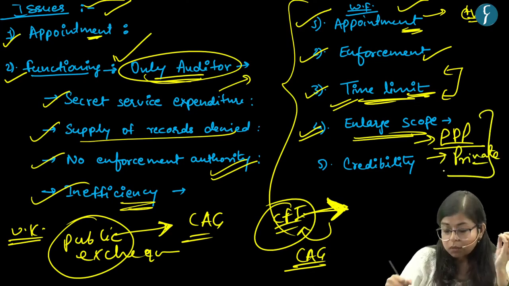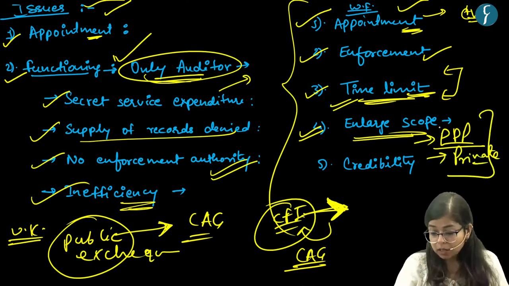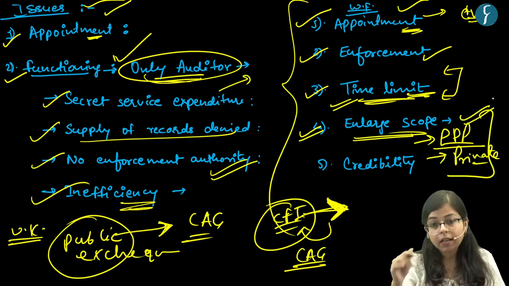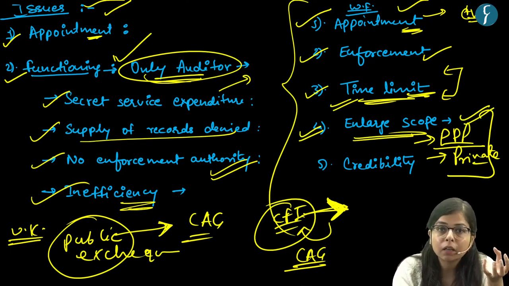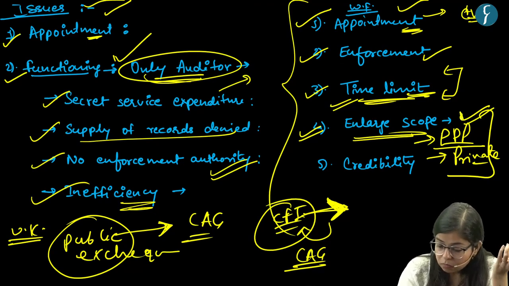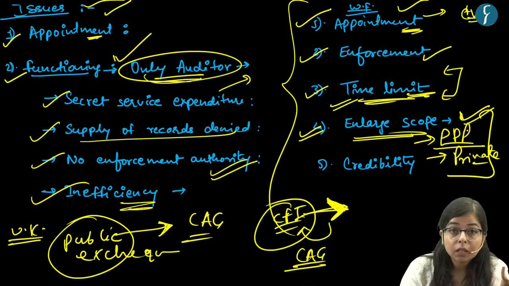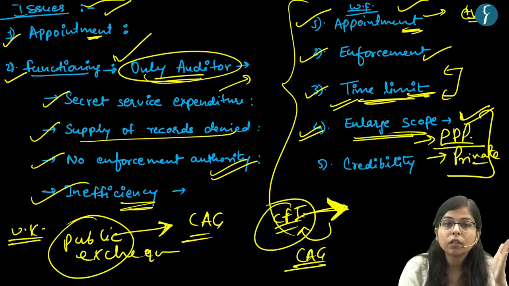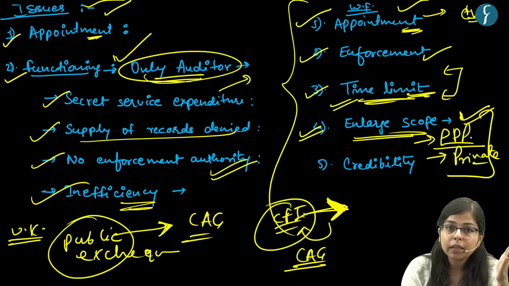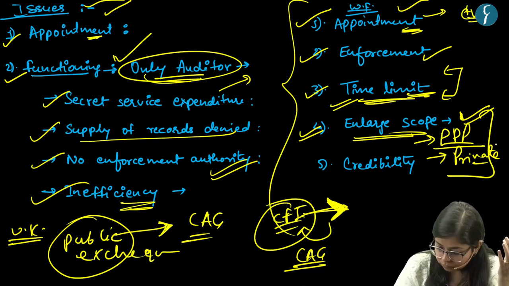So the scope of CAG should be enlarged to accommodate PPP investment, right? The expenditure done via PPP mode, public-private partnership, should also be audited by CAG in order to ensure that this expenditure is away from any corruption.